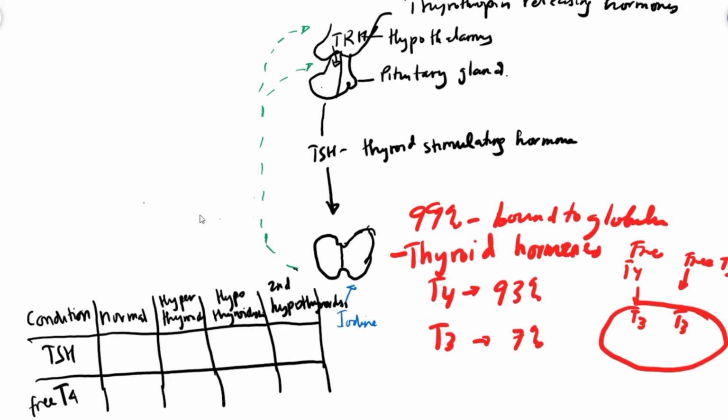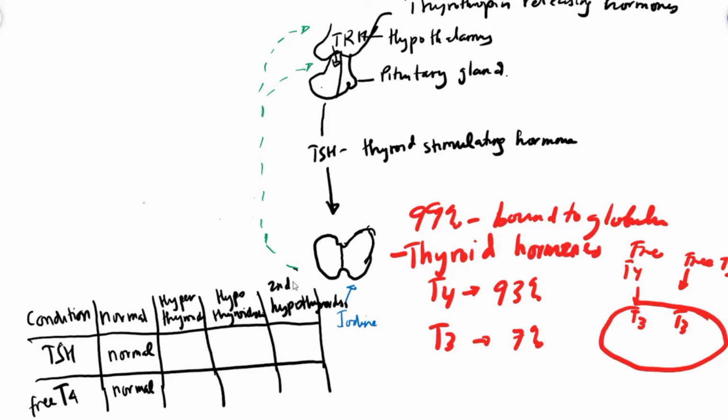That's the first thing they're going to do. Sometimes it also includes the thyroid hormone test itself, which is free T4. So in normal condition, people who don't have any thyroid problems, the TSH will be normal, and the free T4 will be normal as well.